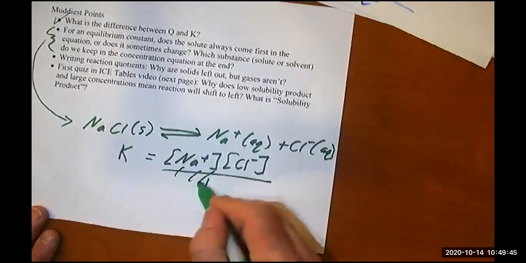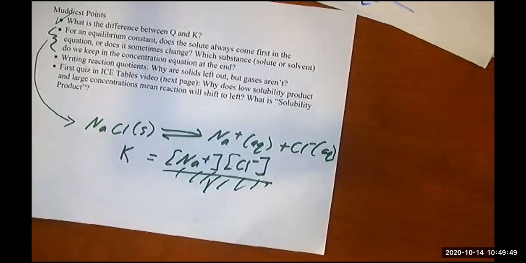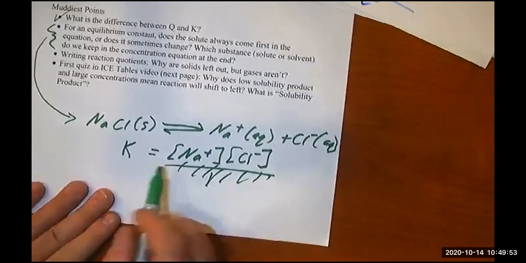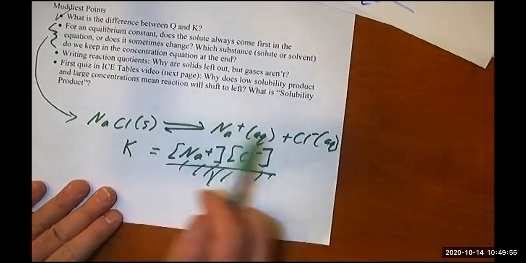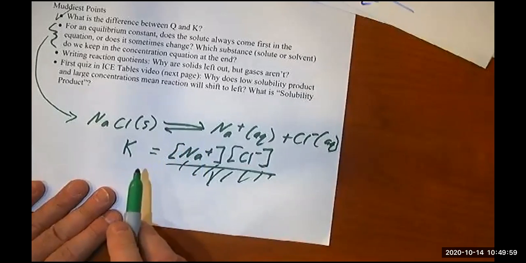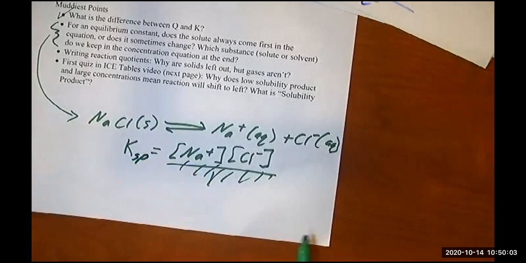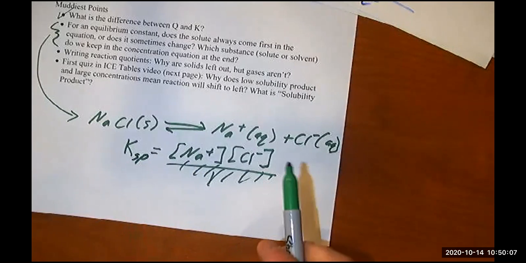So our equilibrium constant is just concentration of sodium times concentration of chloride. Now, because this is a very common type of equilibrium to talk about, it has a special name. It's called the solubility product. And so we designate it with the Ksp.